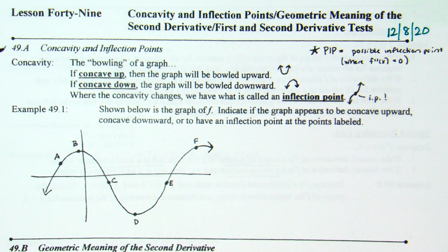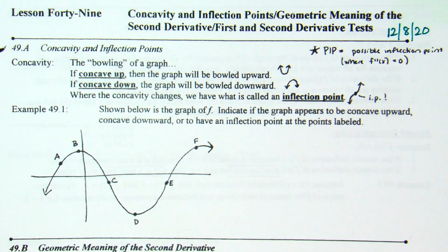When we talk about the concavity of a graph, it's defined as the bowling of a graph. Which way does the graph curve? Is it curved so that the shape is up, so that you could set something in it, or is it curved so that the shape is down?